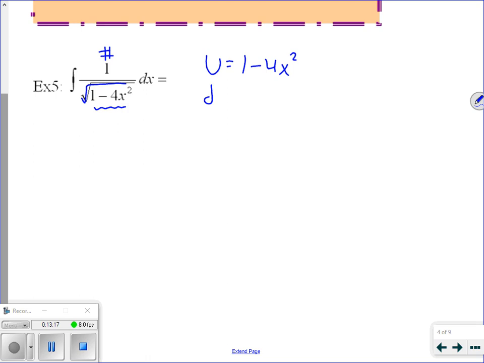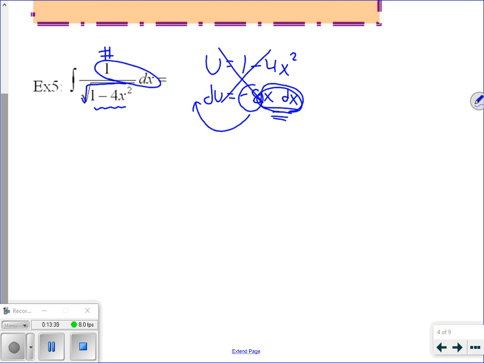Then du equals negative 8x dx. But we run into a problem. We have no x dx. Sure, I can bring the negative 8 over, but I have a 1 dx, not an x dx. So I can't use this as my u substitution.